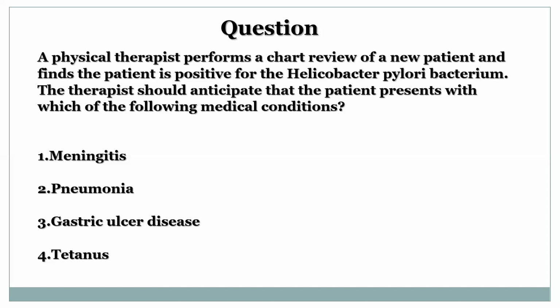Let's look at the incorrect options. As I said, meningitis is inflammation of the membranes surrounding the brain and spinal cord. We have three types of meninges: the pia, arachnoid, and dura mater.